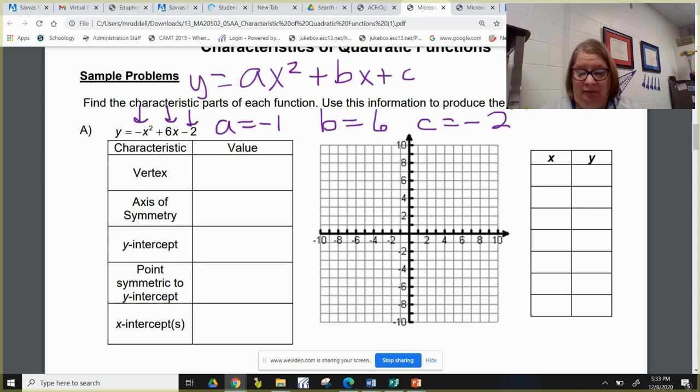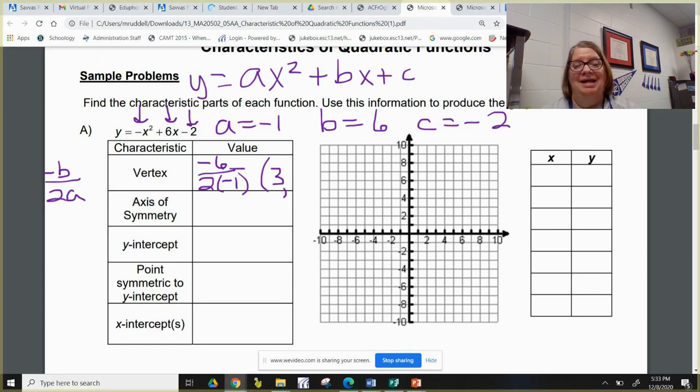When the equation's in standard form, it said to do -b over 2a, which is -6 over 2 times -1. That's -6 divided by -2. That's 3, right? So the x-coordinate of our vertex is 3.